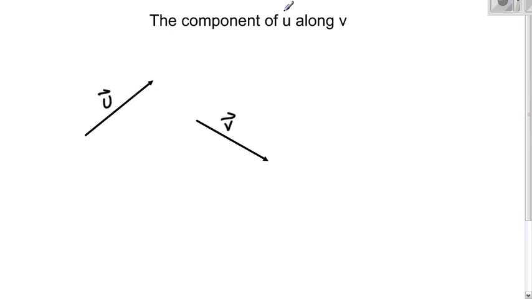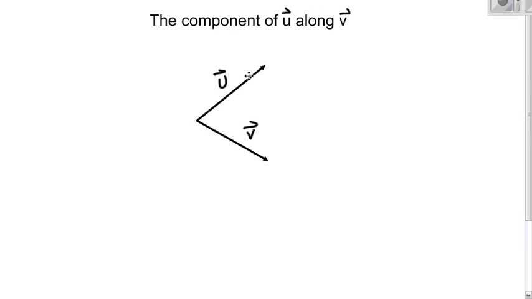If we want the component of vector u along the vector v, really what that's saying is in the direction of v, how far does u go? Just like when we talked about the x component and y component, we're talking about how far it goes in the x and y directions. Now we can do that for any direction. So it's the component of u in the direction of v is really what that's saying.